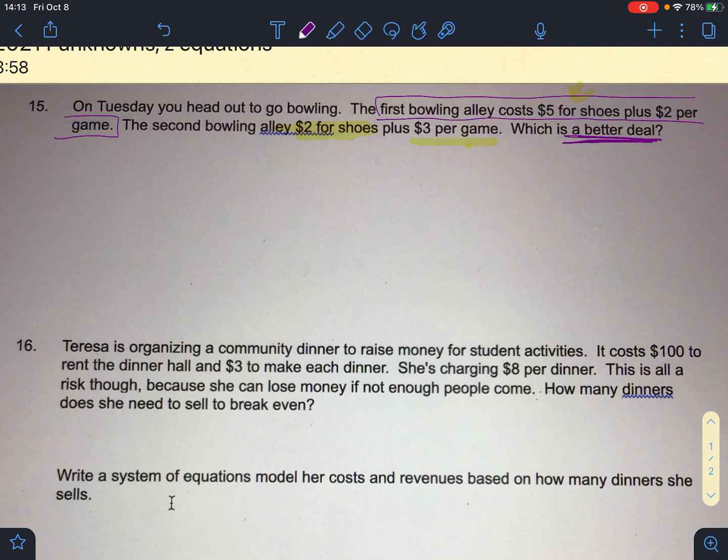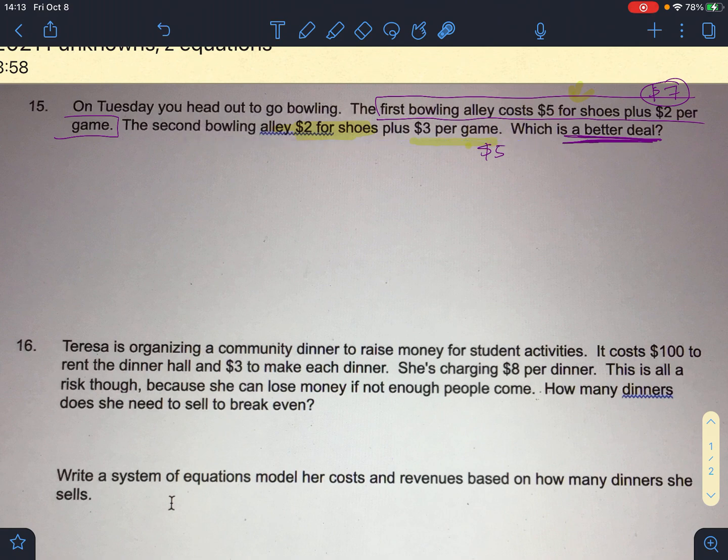This will cost $7. And if we go to the second alley, it will cost $2 for the shoes, so we have to rent the shoes, and $3 per game, but we're only playing one game. So this is going to cost $5. So in this case, the second bowling alley is the better deal.